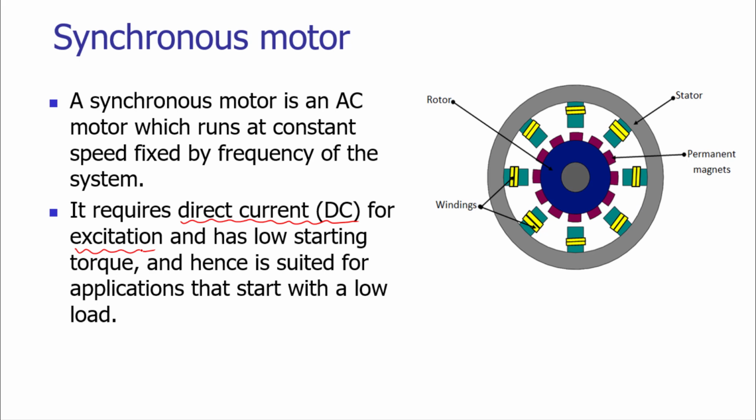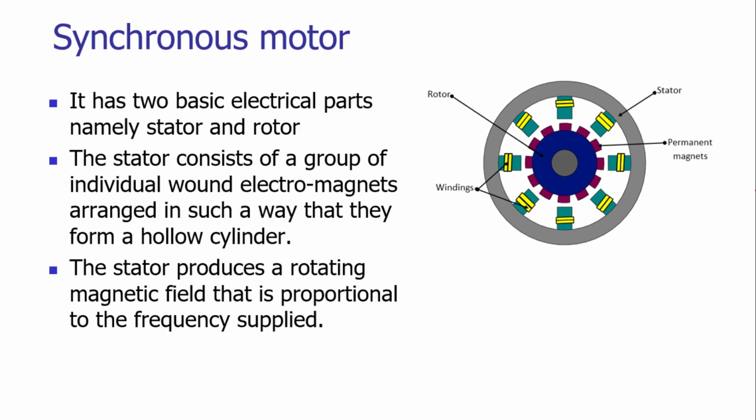So for that purpose, an external, separate excitation, separate energy, is to be applied at the rotor to get the rotating operation started. Afterwards, the rotating magnetic field of the AC motor rotates the rotor.